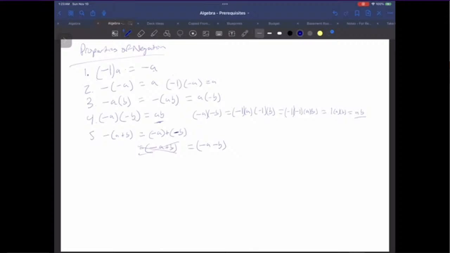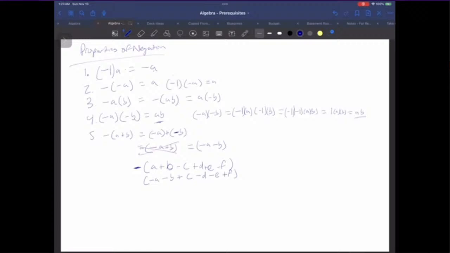If I have negative times a plus b minus a plus b, minus c plus d plus e minus f, when you distribute the negative through all of that stuff, you have to make sure that you switch the signs. That's the same as negative a minus b plus c minus d minus e plus f.